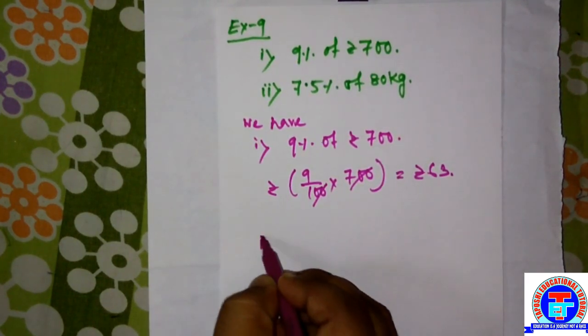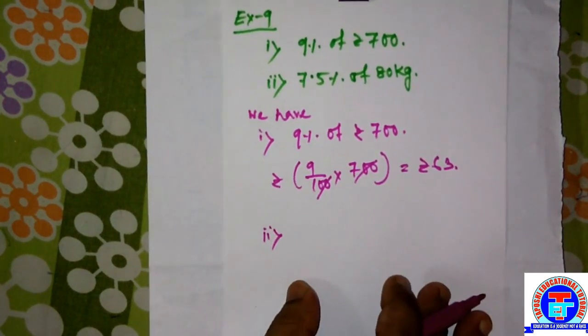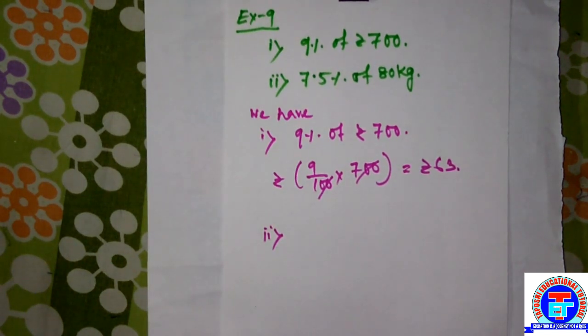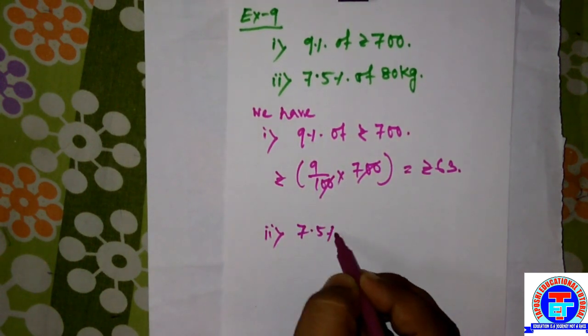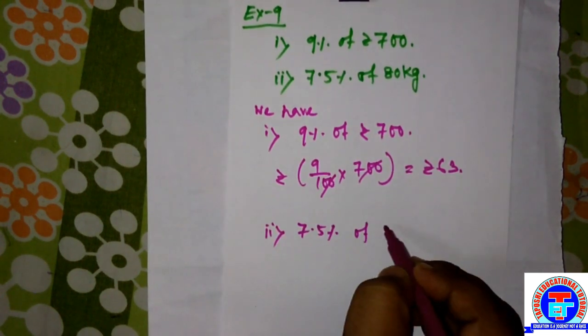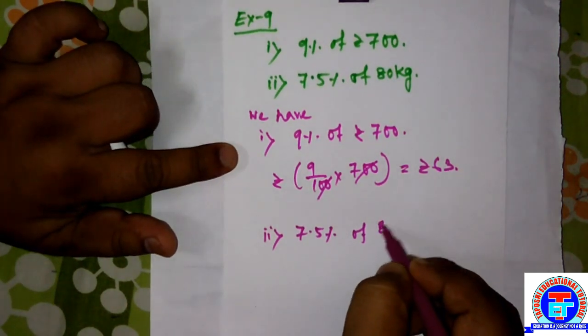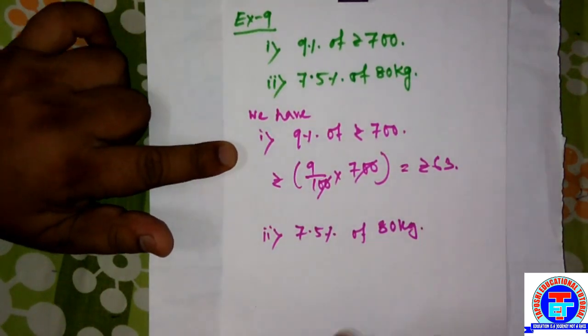Number 2 problem, we have 7.5% of 80 kg, right?